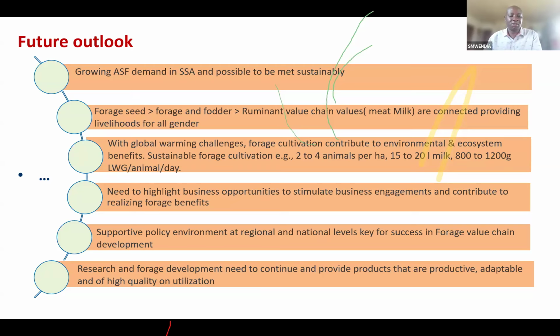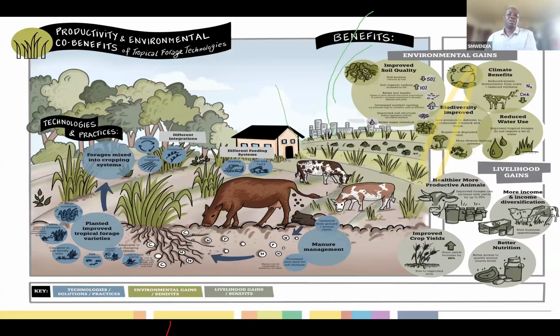And as I move towards finalization, I usually like this pictorial representation, or rather illustration. It summarizes the benefits that can accrue from growing forages. If you look at the different colorations, the light blue represents the technologies, whether forage hybrids or cultivars, which can increase animal production and also sequester carbon.